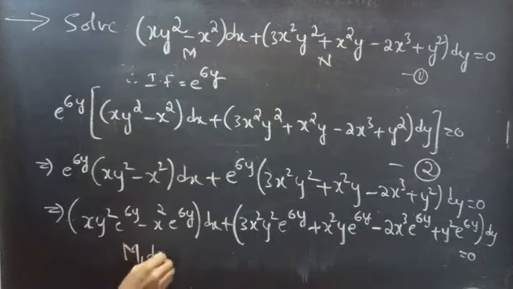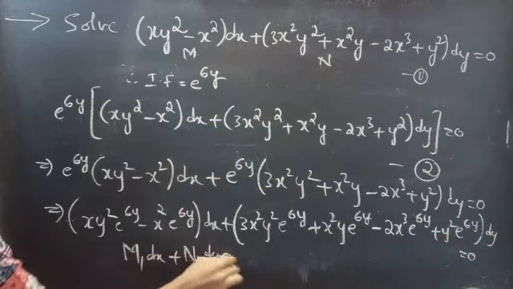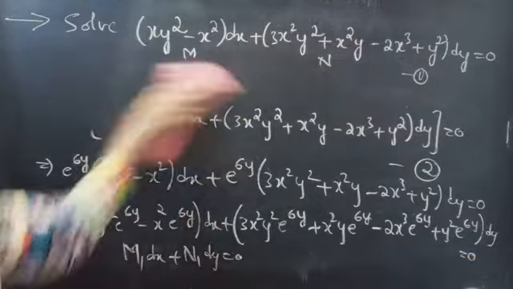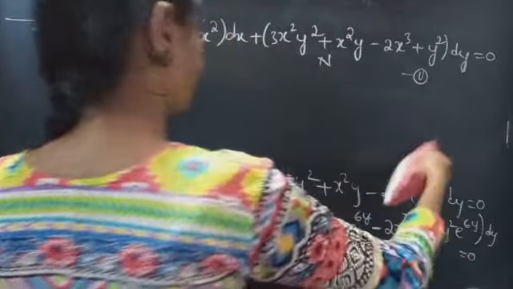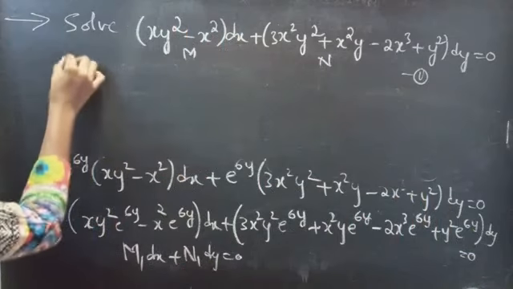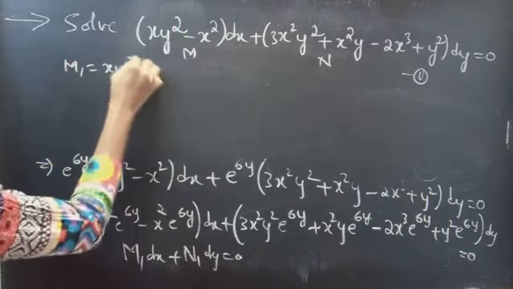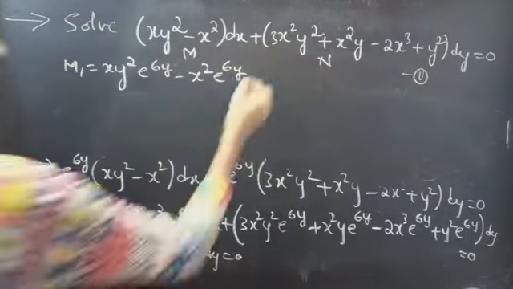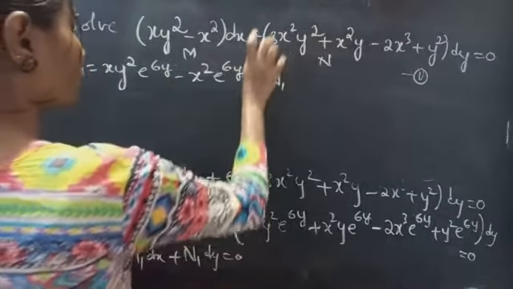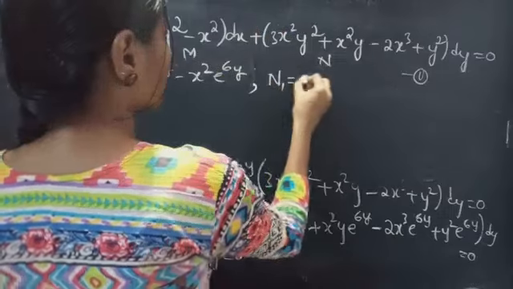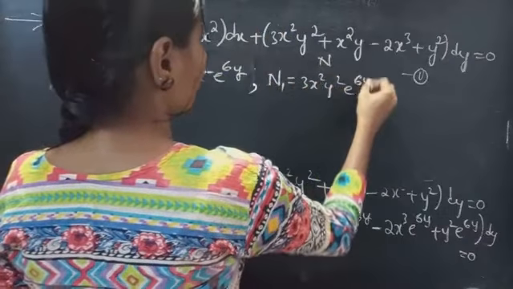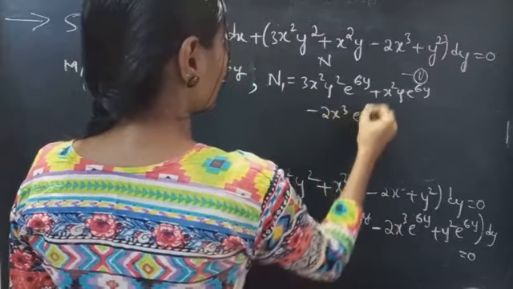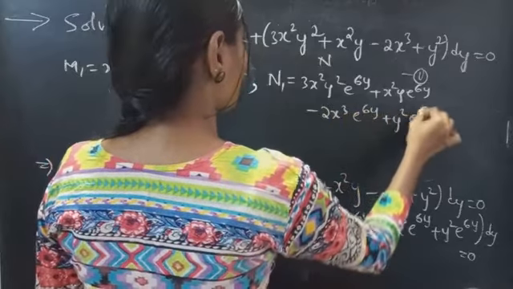Sorry, M1 dx plus N1 dy equals 0 form, where M1 equals xy square e power 6y minus x square e power 6y, and N1 equals 3x square y square into e power 6y plus x square y e power 6y minus 2x cube e power 6y plus y square e power 6y.